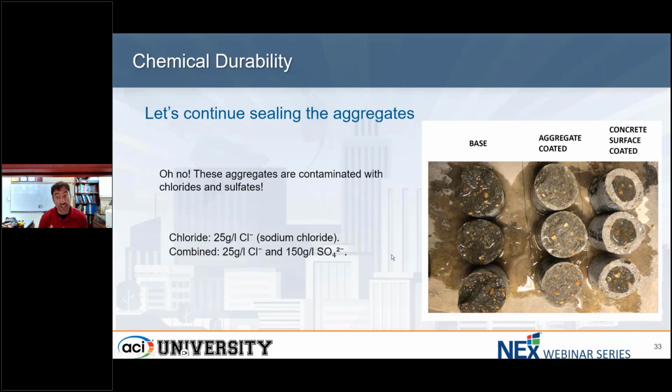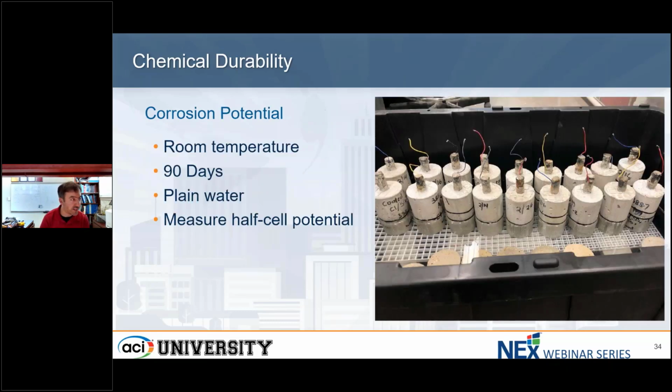So that's what we were thinking: okay, how are we going to use known contaminated aggregates in this? When we talk about chloride contamination, either with sulfates or not, if chlorides are present, the big concern is corrosion of the reinforcing steel. And so we're like, all right, let's evaluate this.